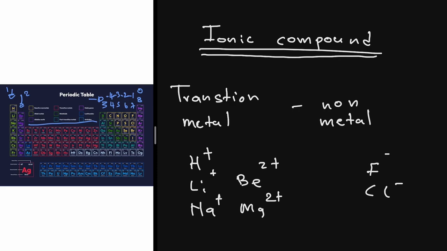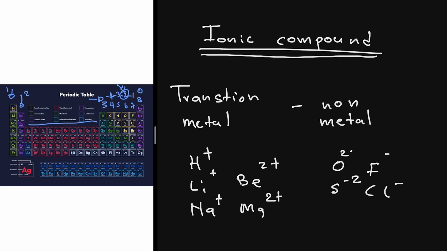But if we move on to group number 6 here, remember we have -2 as we count back from the right. So oxygen is going to have 2 negative charges. And then also we have sulfur in that group 6, so sulfur will have -2.